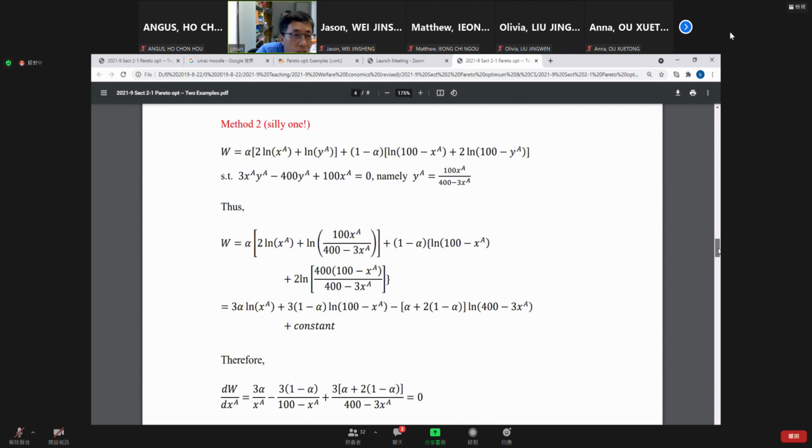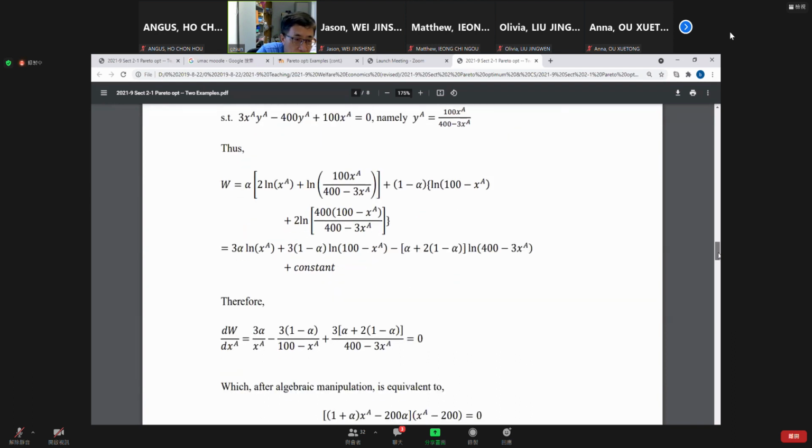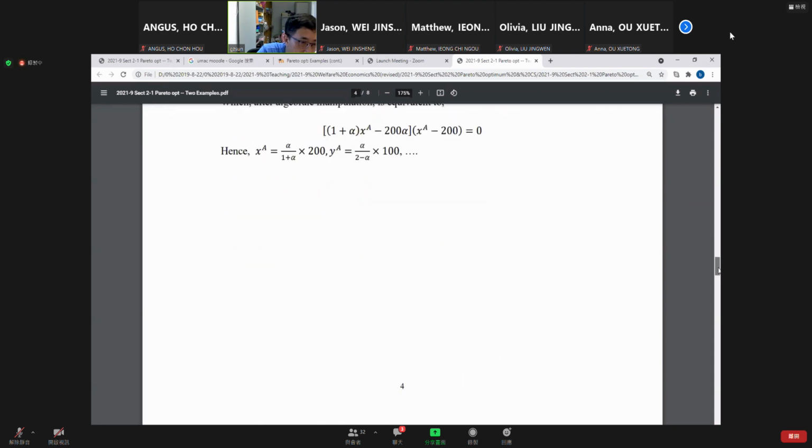This approach is usually very much appreciated and loved by mathematicians, not by economists. We are not that good at math. We are good at economics. And this solution is actually a little bit stupid, silly.